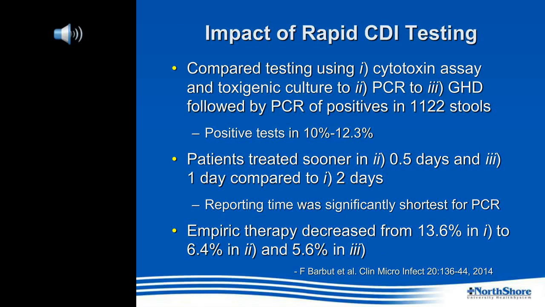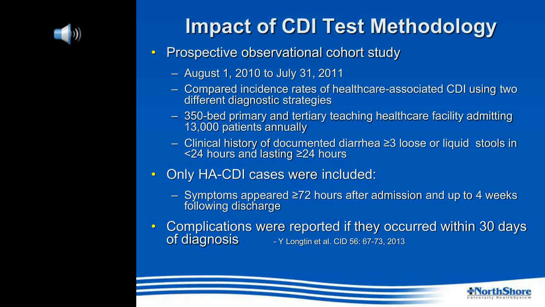And the impact of rapid testing, this is looking at the cytotoxin assay compared to PCR compared to a 2-step assay, and what the impact was. And basically, the more rapid your test is, the shorter your patients require to be treated, and empiric therapy decreases because your results are back more quickly. What we're starting to look at here is the impact of how you test.